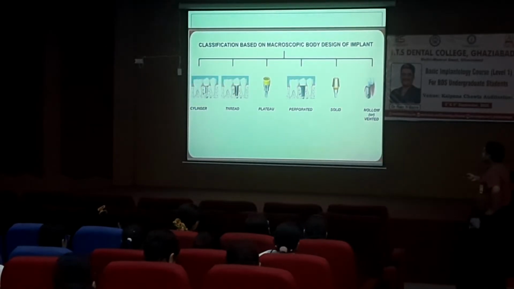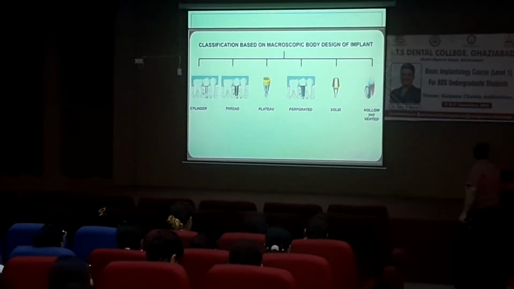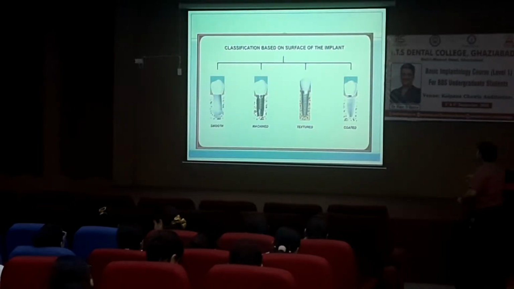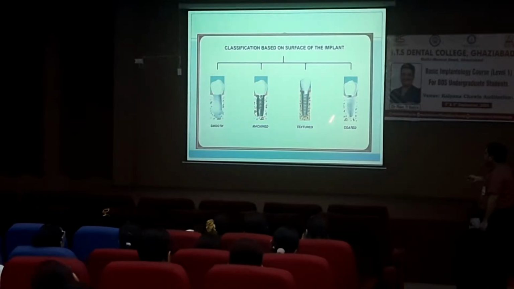Then classification based on the macroscopic body design: slender form implant, threaded implant, then vented or perforated implant, where the implant surfaces have some perforation, then solid implant and the hollow implant. Then classification based on the surface: the smooth surface, there is no thread, it's completely smooth, then machined, then textured and coated implant.